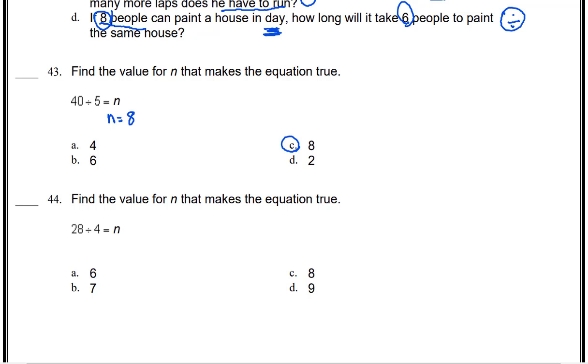Okay my hero, read the equation. 28 divided by 4 equals n. So n equals 7, so the correct answer is 7. Thank you my hero, great work.